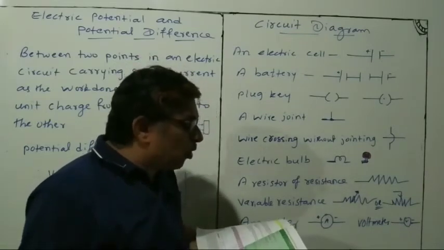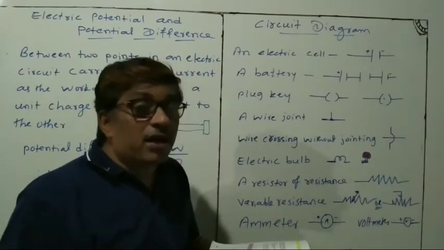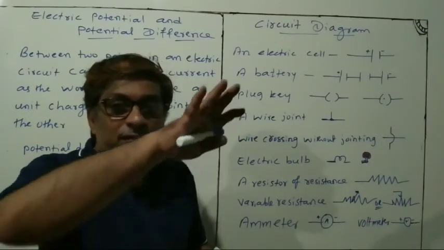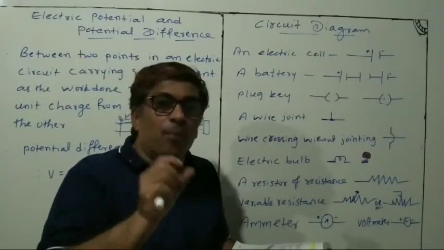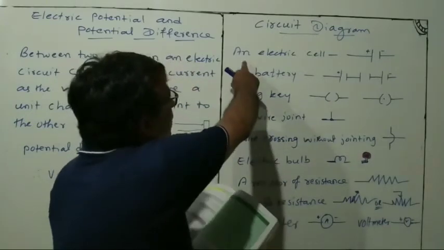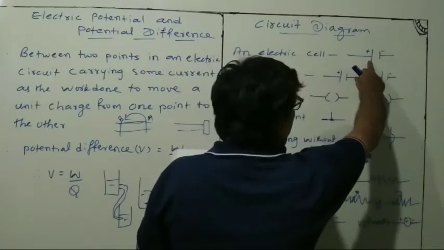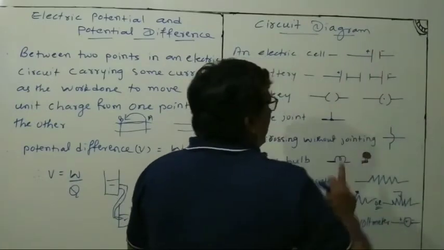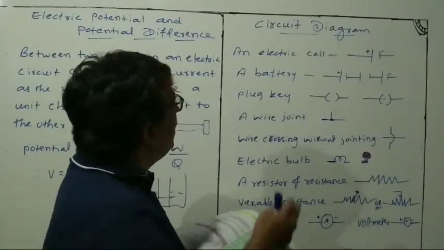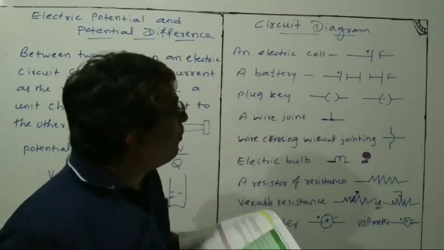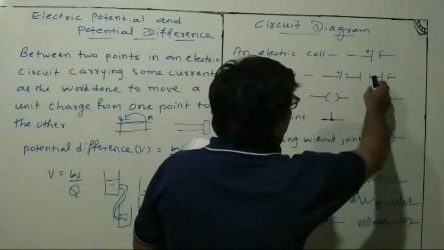Now we will see some symbols of commonly used components in electric circuit diagrams. Sometimes whenever an electric circuit is given only through symbols, you should know the component's name. For example, an electric cell has two ends, positive and negative. Then a battery, or a combination of cells.